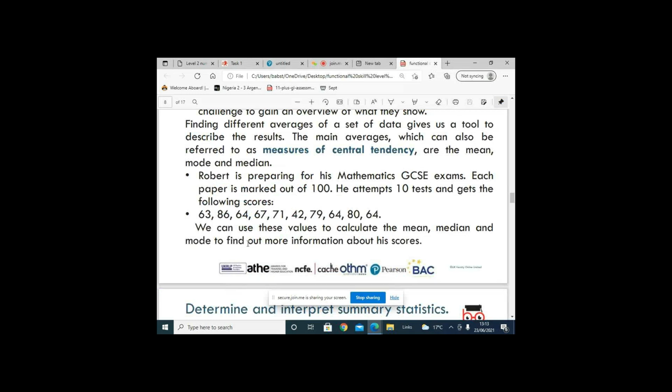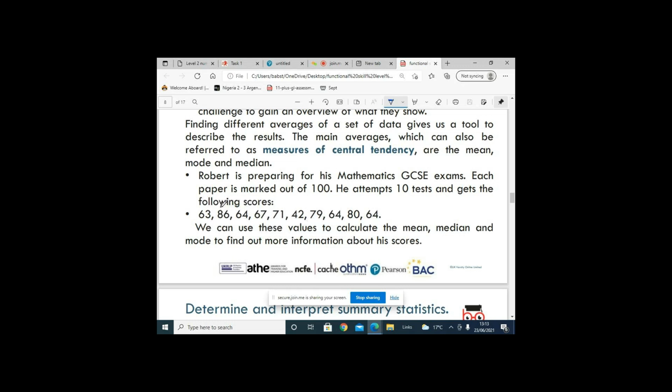So we can find the mean, median, and mode. Each paper he scored 86%, 64, 67, 71, 42, 79, 64, 80, and 64.